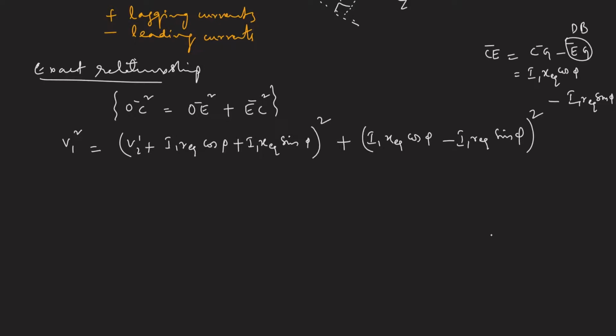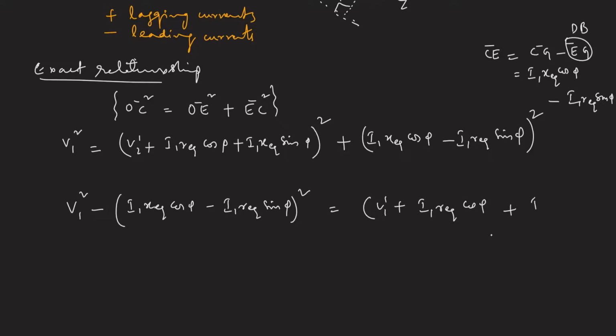What they do is they bring this onto this one: V1 square minus I1 X equivalent cos phi minus I1 R equivalent sin phi, whole square, is equal to V1 dash plus I1 R equivalent cos phi plus I1 X equivalent sin phi, whole square, right?